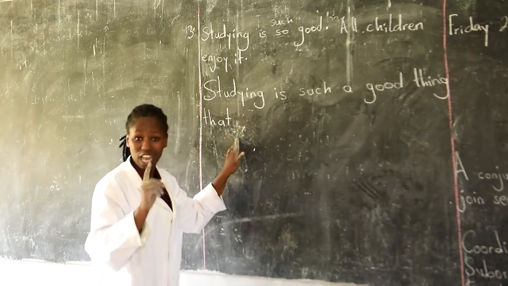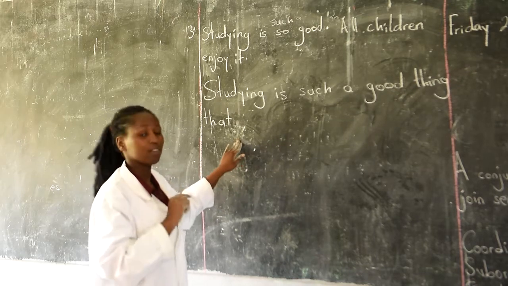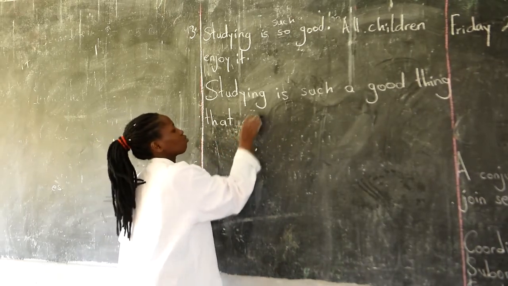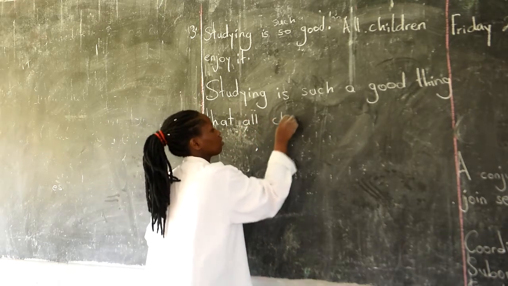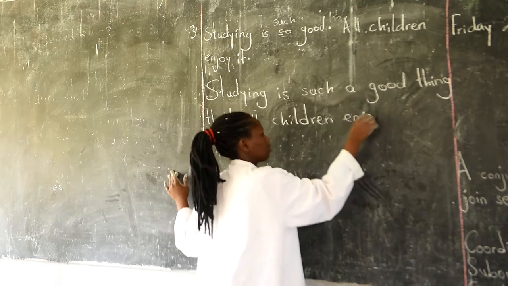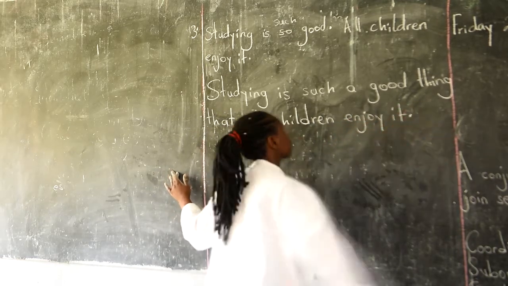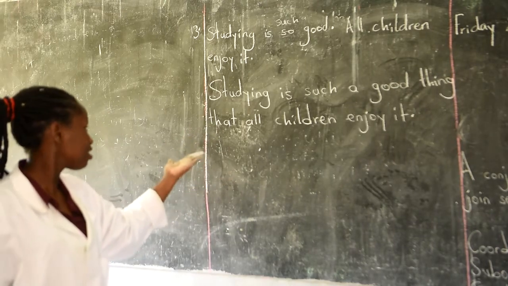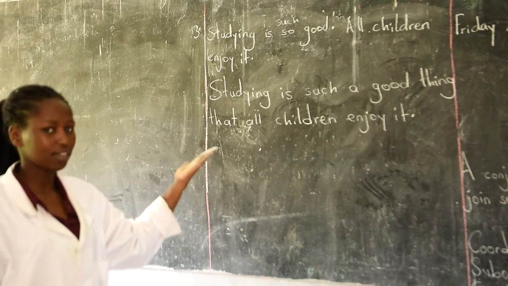It is now one sentence. Therefore, start with a small letter. That all children enjoy it. Studying is such a good thing that all children enjoy it.